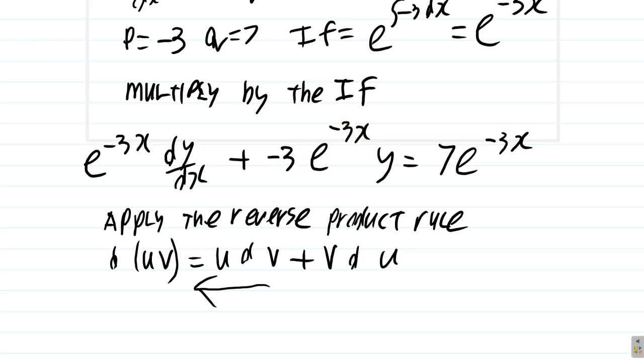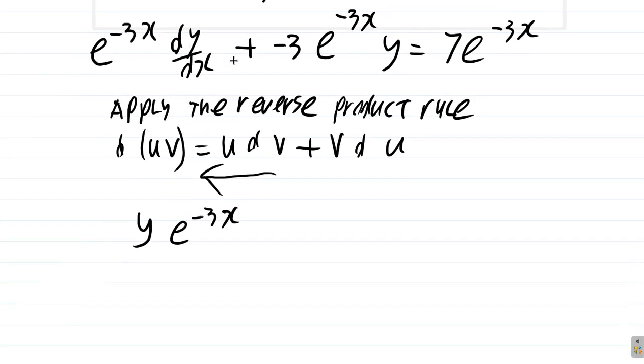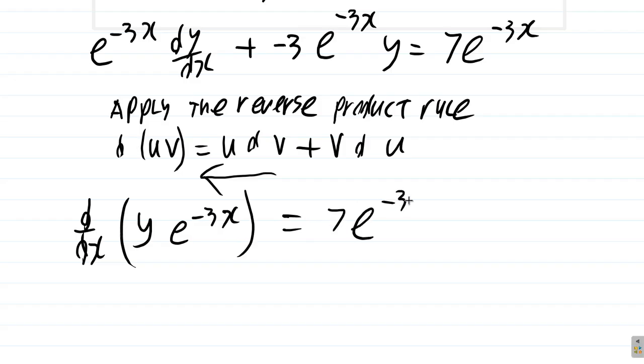So the product that we have is y times e to the negative 3x. Okay, so you have to reason it out like that. What you did was differentiate this, so you did a d by dx of y e to the negative 3x, is equal to 7e to the negative 3x.